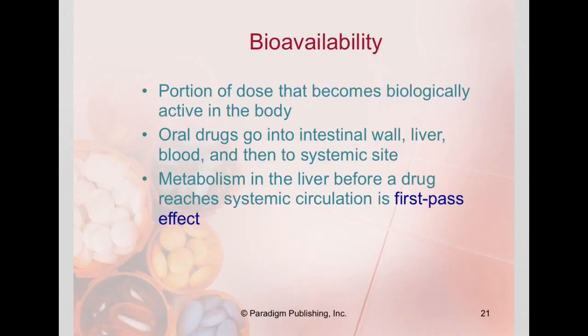When you give an oral drug and it has to go through the intestinal wall, the liver, and the blood, all of those steps, its first pass effect is really small. It's slow. Some drugs have a really high first pass effect, and they have to be administered by injection.